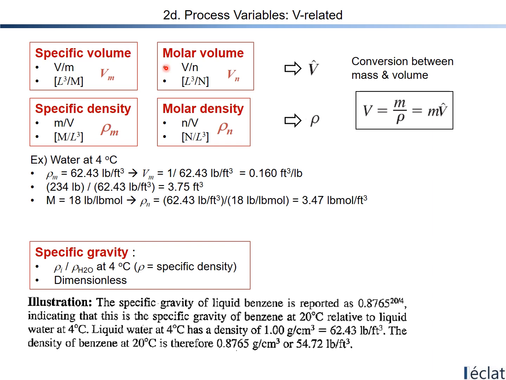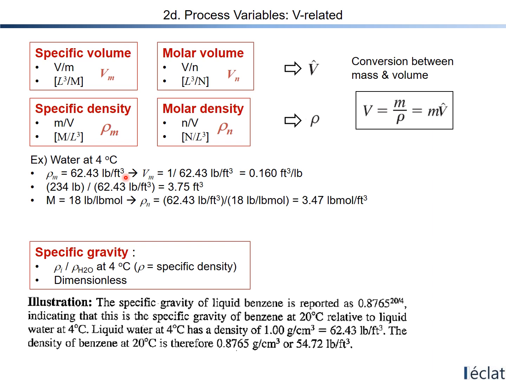Okay, so let me touch some values. Here is the case for water at 4 Celsius degree, and mass density or specific density. Specific means divided by mass. So mass related. Specific density is equal to this one, pound mass per cubic feet.